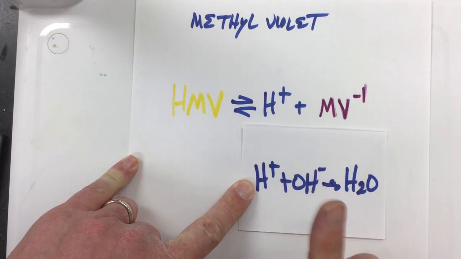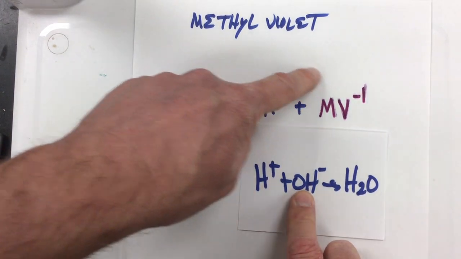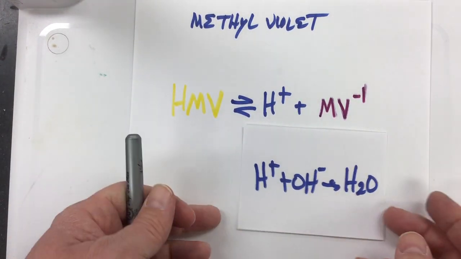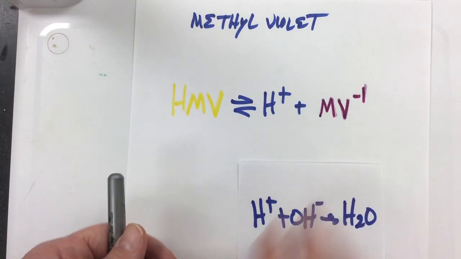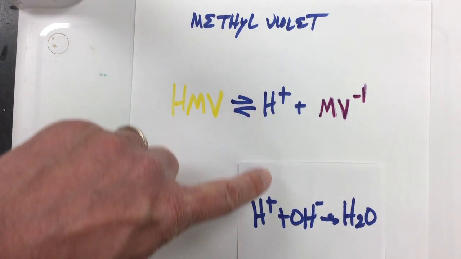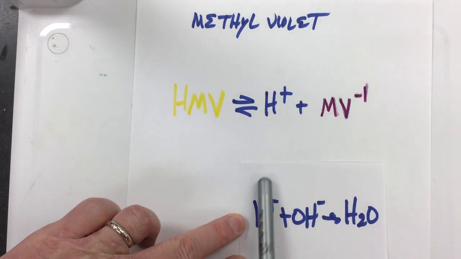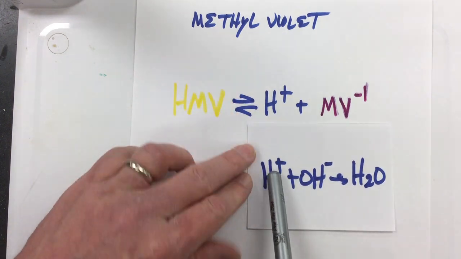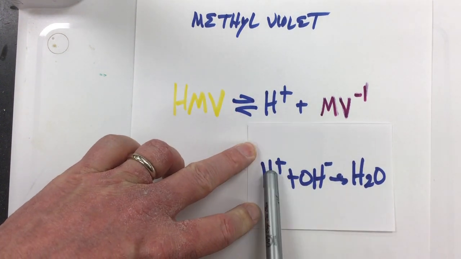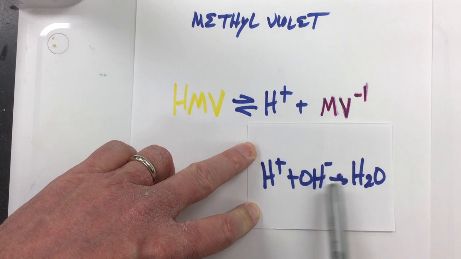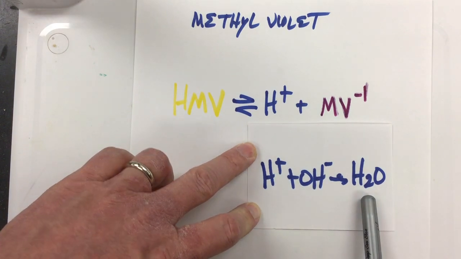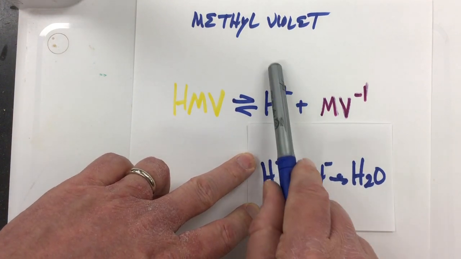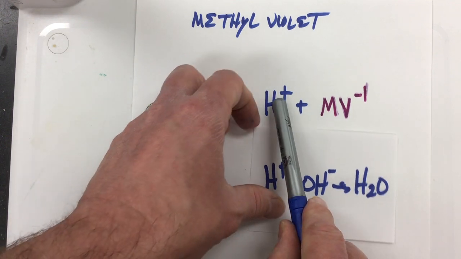So by adding in OH negative to this equilibrium, I am making the amount of H positive in it go down. I'm stealing away the H positive because I am reacting it with OH negative to create water 100% of the time, and so consequently I am making the H positive go down.